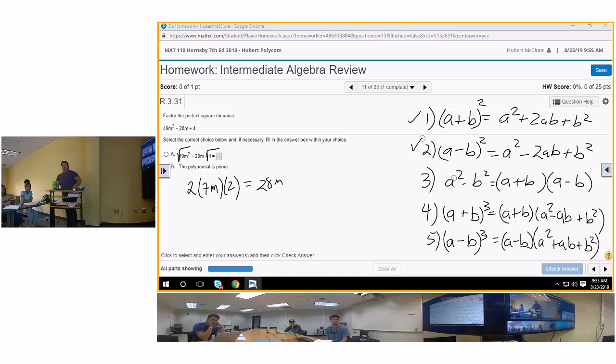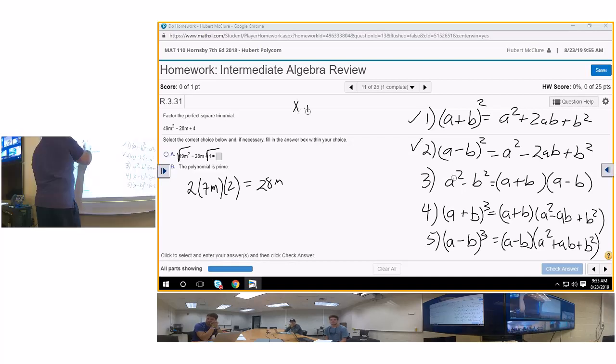Now, you can also go the other direction. If I give you x plus 3 quantity squared, that is x squared plus 6x plus 9. You can go the other way too. So if I give you x plus 2 quantity squared, well, which one does it look like? It doesn't look like this one, or this one, or this one.